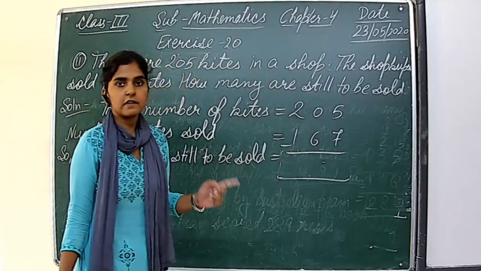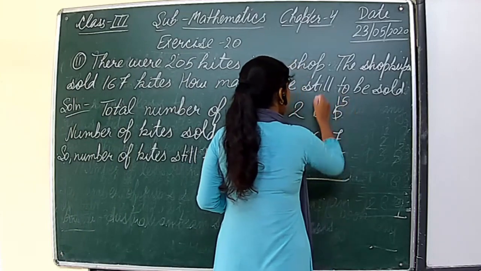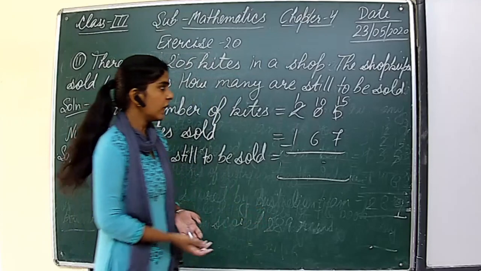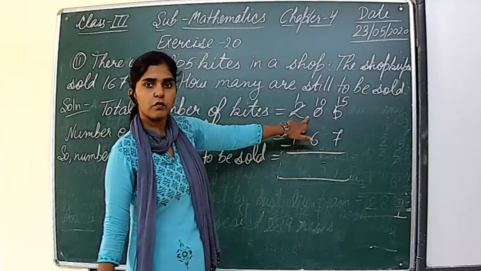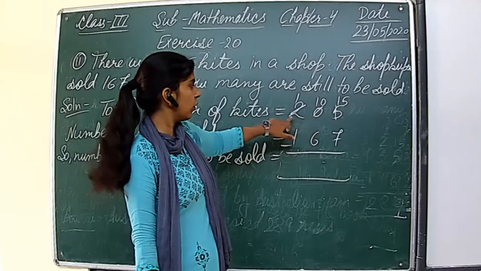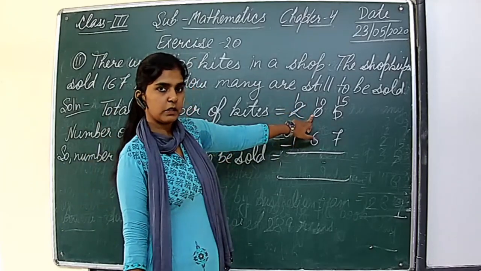5 minus 6 not possible, so we will take one borrow, it will become 15 and it will become 10 and it will become 1, right? Why? Because 5 will go to the 0 for borrowing, but 0 cannot give any borrow, so it will go to 2. So 2 will give 1 borrow to 0, it will become 10.